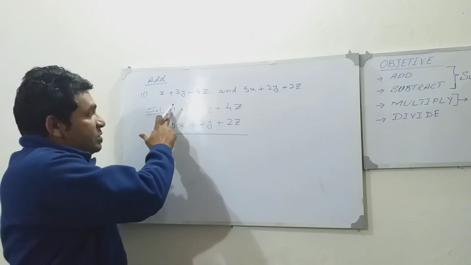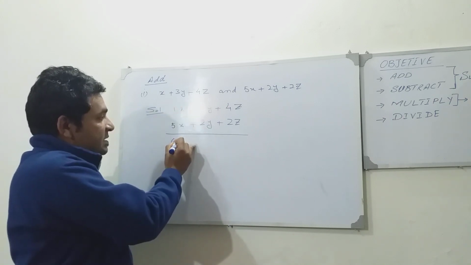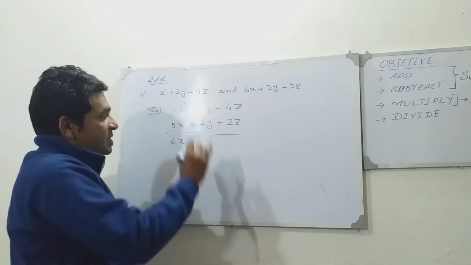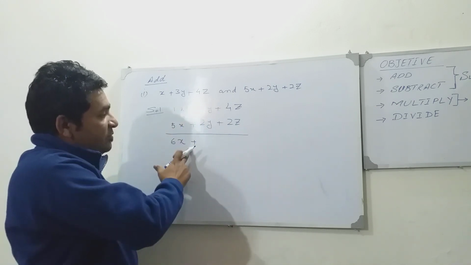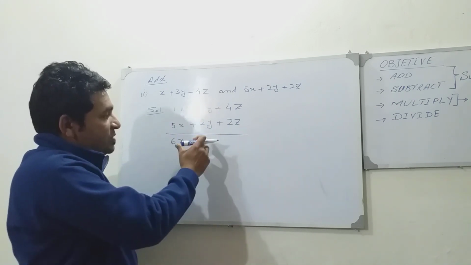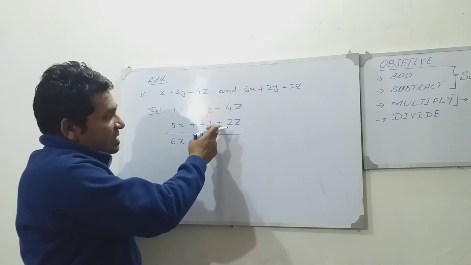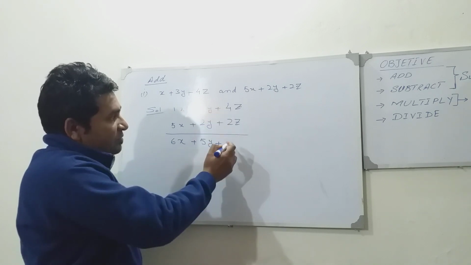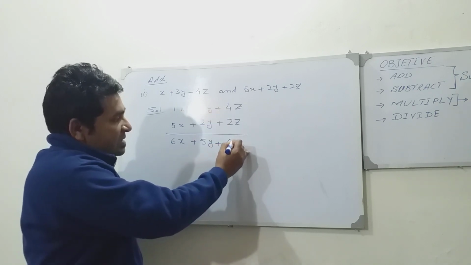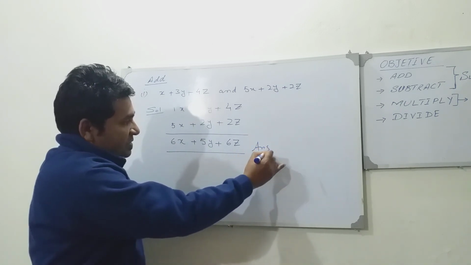So 5 plus 1 is 6, and x remains x. 3 and 2 make 5, with a positive sign, so 5y. And 4 and 2 make 6z. That's the answer of the question.